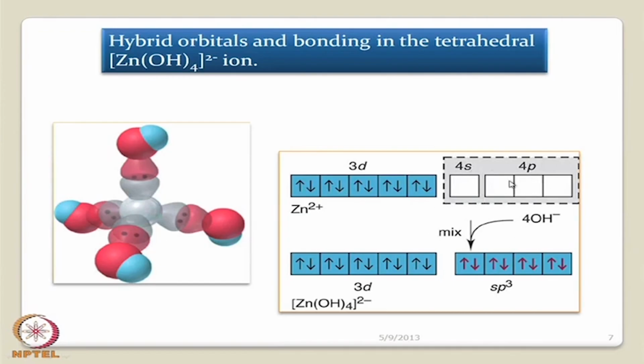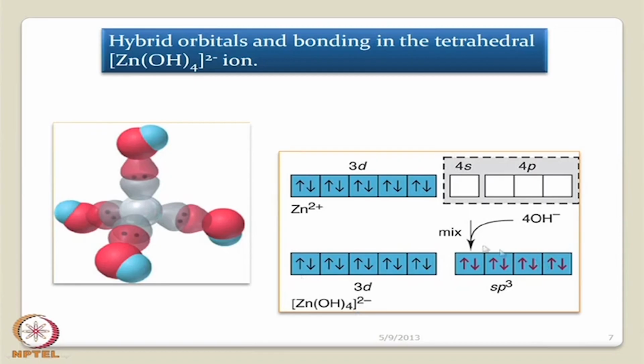These 4 orbitals will mix together, and after mixing we get the 4 hybridized orbitals which are labeled as sp3, and these 4 hybridized orbitals will next accommodate the 4 electron pairs which are coming from the OH groups. So these OH- groups, basically the hydroxide ions, give each of them one lone pair of electrons to be accommodated in the vacant sp3 orbitals on the zinc center.